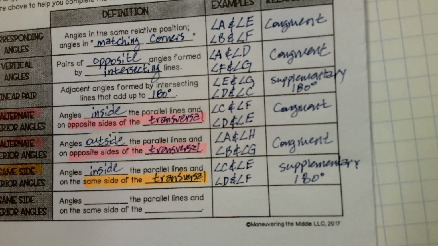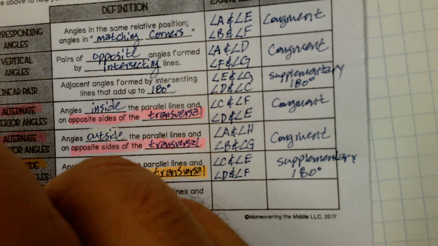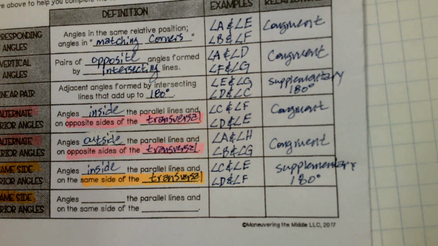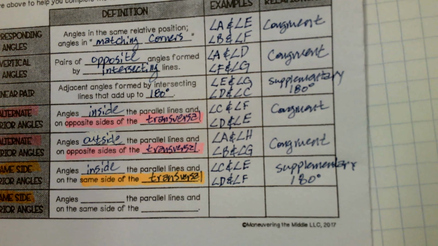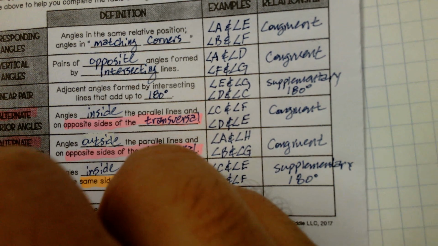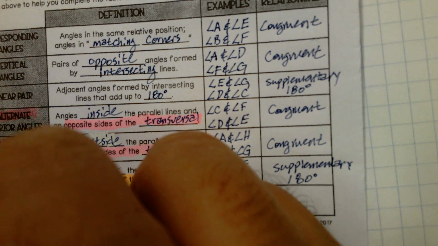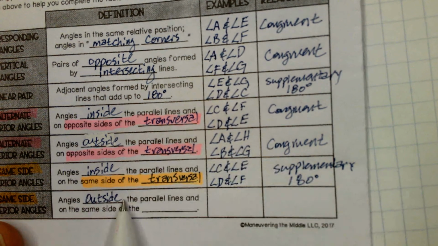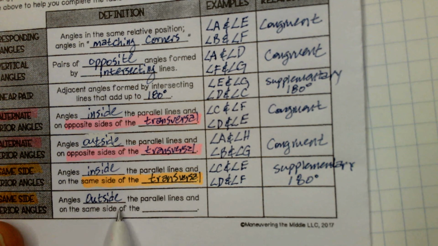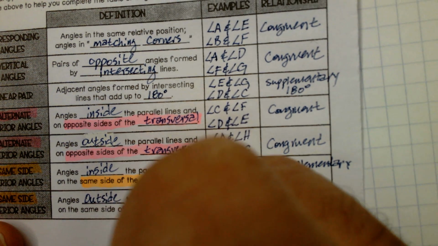So last one we're going to do is same side exterior. So now we're going to look at the dry ones, the ones not inside the water. And it's the same idea. It's angles outside this time again, because they're exterior. And they're angles outside the parallel lines and on the same side of the transversal.